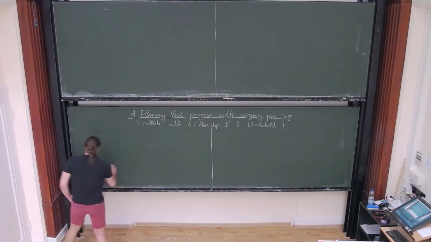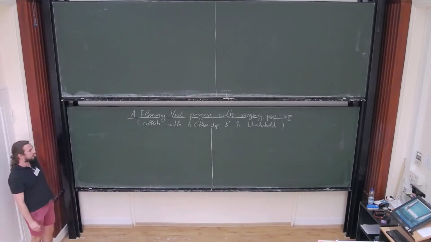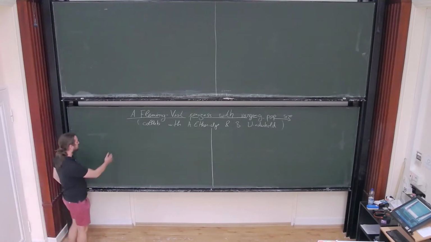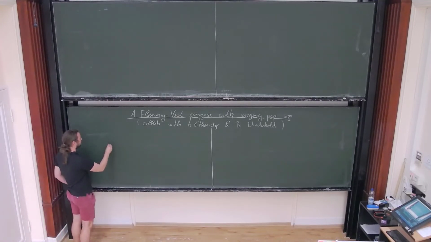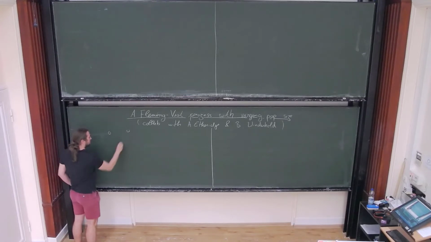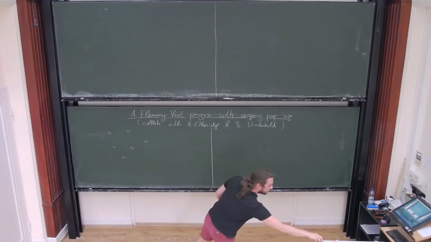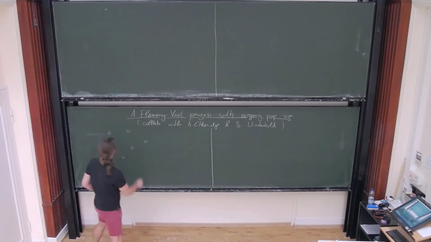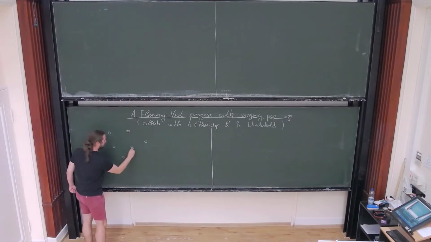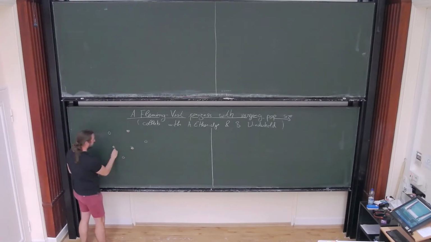When you want to think about the Fleming-Viot model as an individual-based model, what you can do is consider a population, say of two types. So you've got some individuals, and some of them are black, and the others are, let's say, red. I hope you can see this.